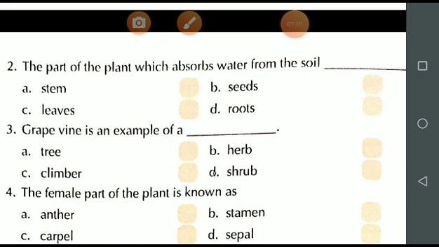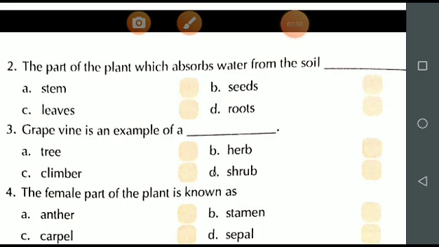The process by which green plants prepare their own food in the presence of air, water, sunlight and carbon dioxide is known as photosynthesis.